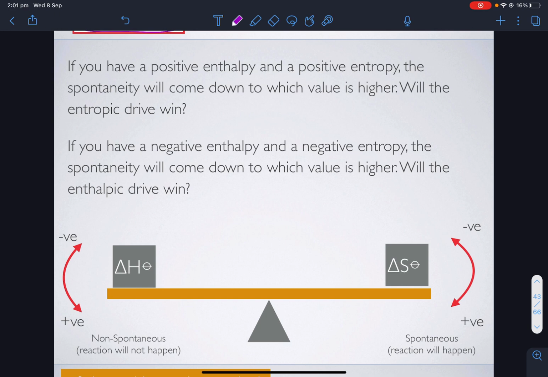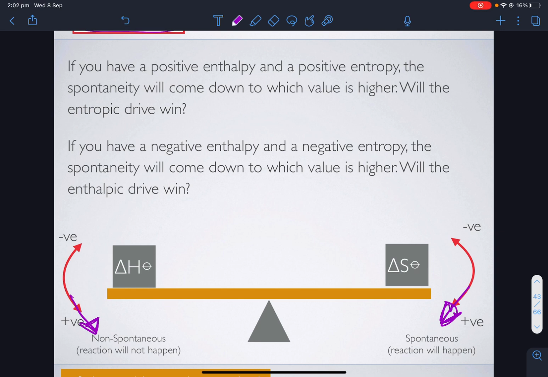But what about the other two cases? If you have positive enthalpy, going down this way, and positive entropy trying to push down this way, they're kind of pushing against the fulcrum. You don't know which side's got the largest push. Will the entropic drive win, or will the enthalpic drive win?